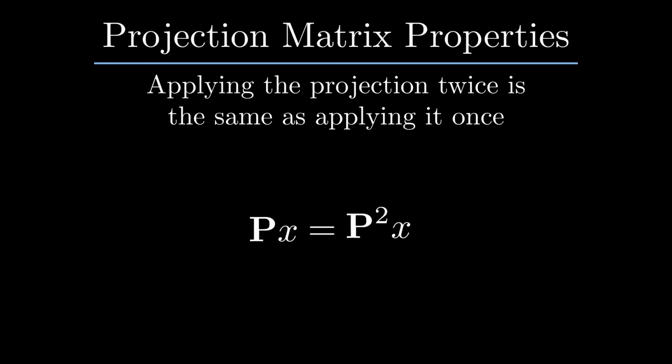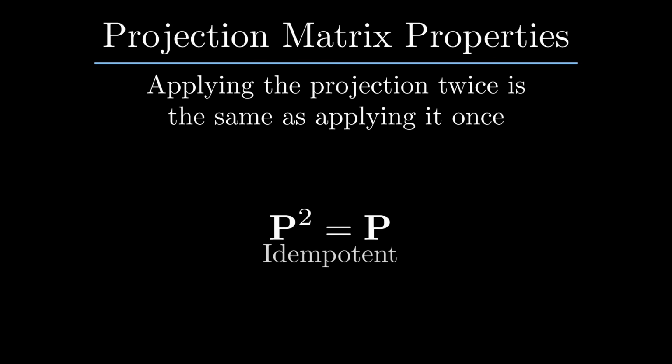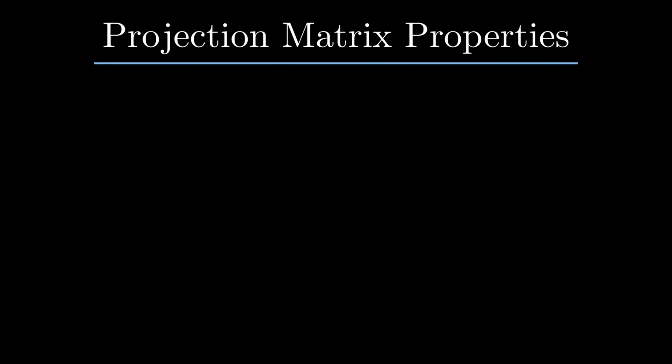Flipping this around to the way it's usually written, we can say that P squared x equals Px, or more simply, that P squared equals P. There's a special term for matrices that have this property. We say that they are idempotent. And it's not just squared either. Doing the same projection any number of times is the same as doing it once. That property isn't so hard to understand.